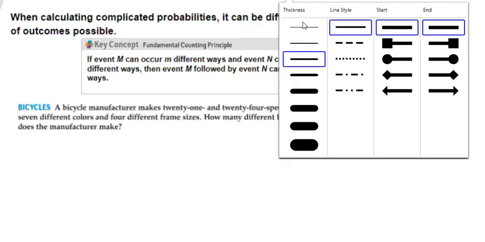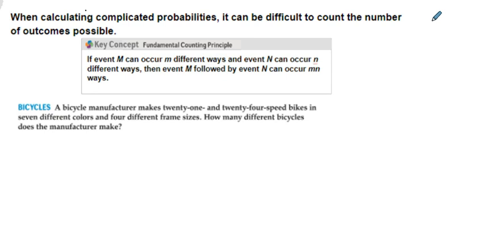The fundamental counting principle is a general way of figuring out how many ways something can happen with a certain number of things. It can really get wild. It's pretty easy when you say, if you have two things, how many ways can you order them?